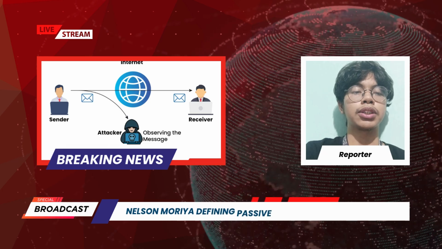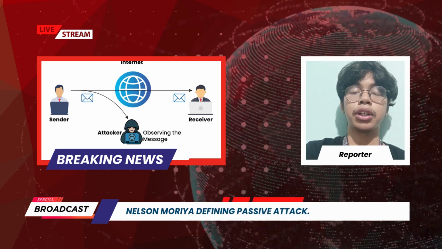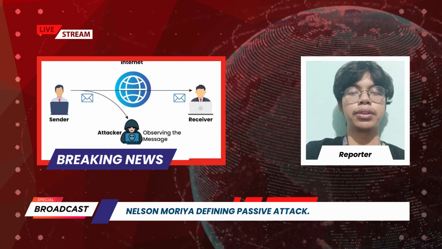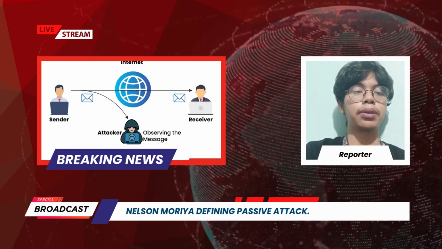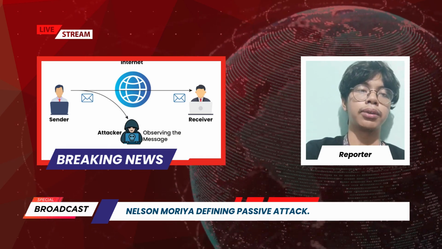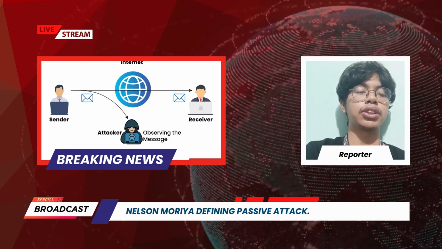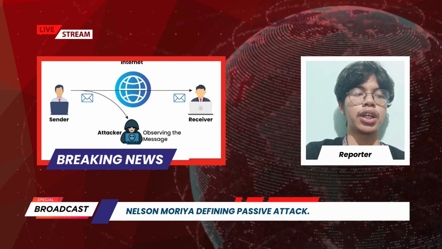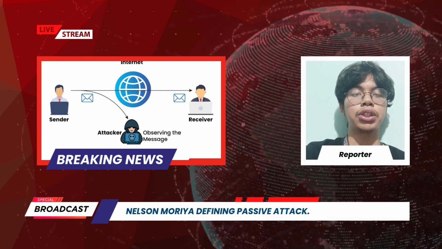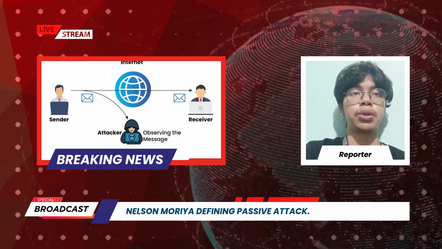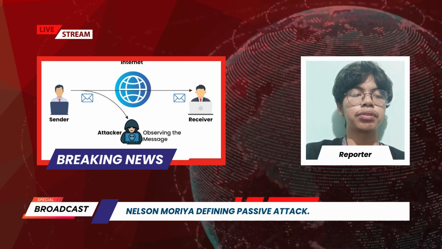A passive attack is a cyber attack where the attacker intercepts or monitors data without altering the system, making it hard to detect. The goal is to gather sensitive information such as passwords or communication details, often for future malicious actions.